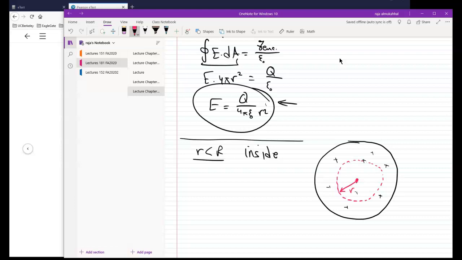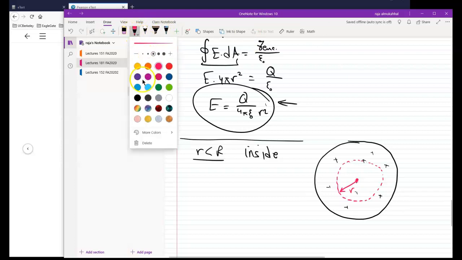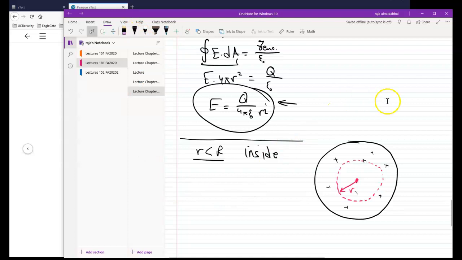Okay. Now remember, we said that the total charge on it is big Q. Do you see the problem now? You can pause the video and think about it. Here is what the problem is. This big Q describes all the charges all throughout the sphere.